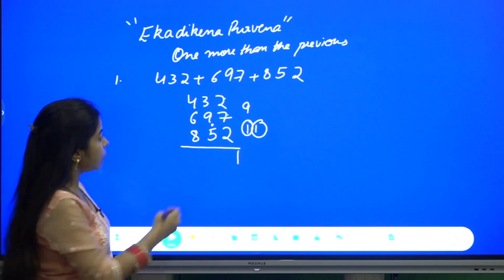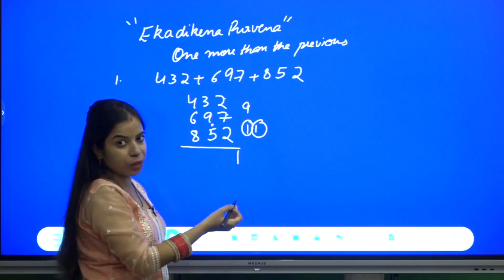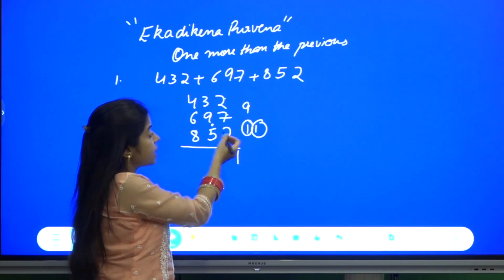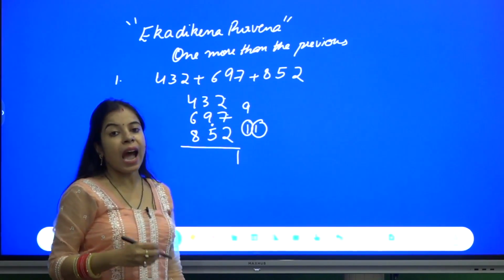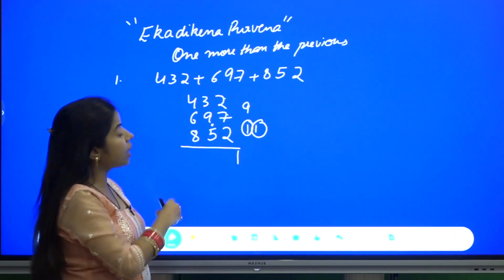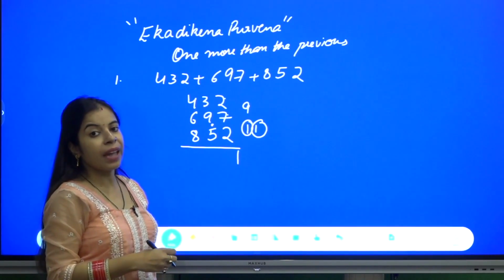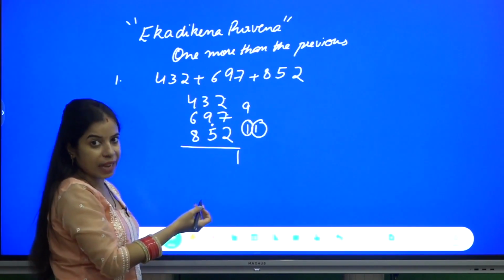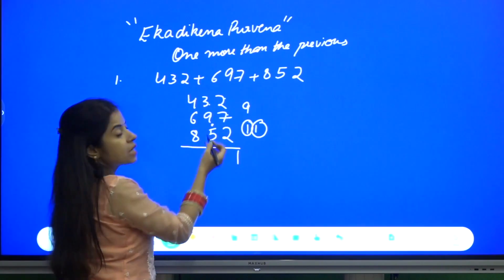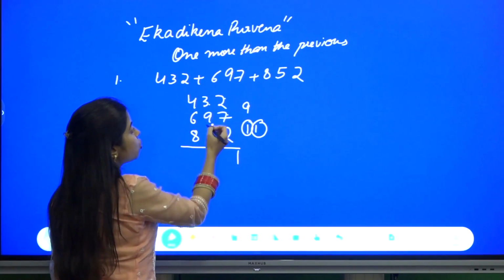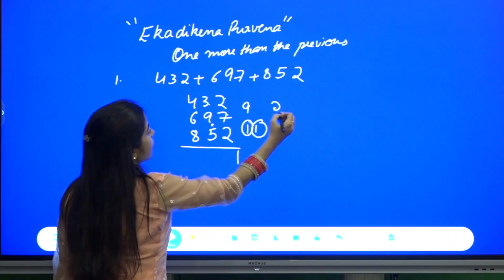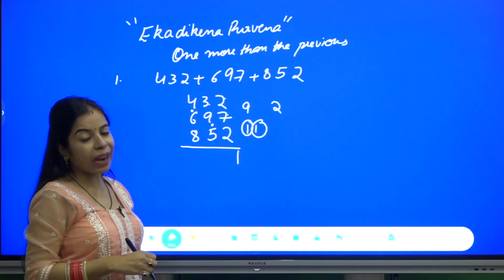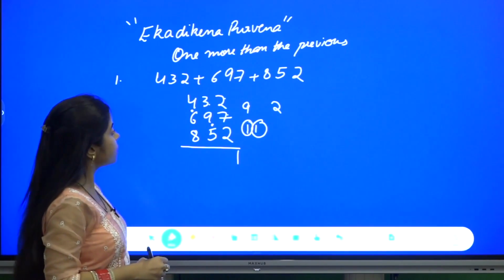So, the number will become 1 in the unit place, and the one that we have obtained in the tens place will be written as a dot on the adjacent number in the next column. Let us see what is happening in the next column now. 3 plus 9 is 12. So, 2 will be written here and 1 will be treated as a dot and will be placed above 6.